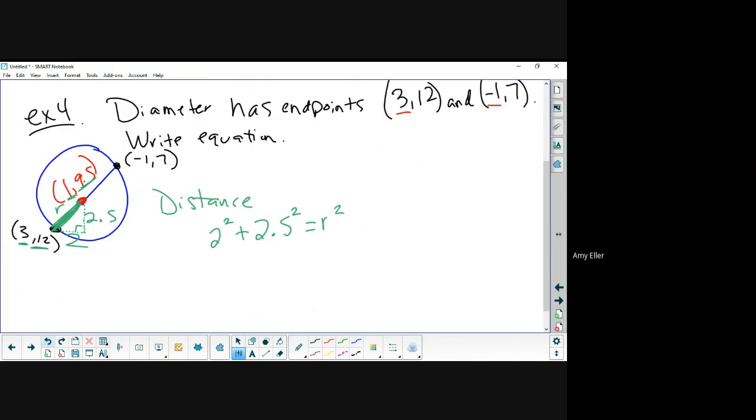Go ahead with your calculator. 2 squared plus 2.5 squared. I want you to leave your radius as a root. And you'll see why in just a second.